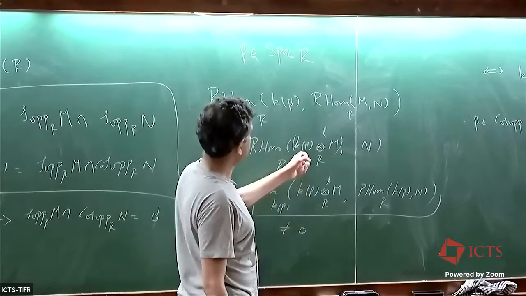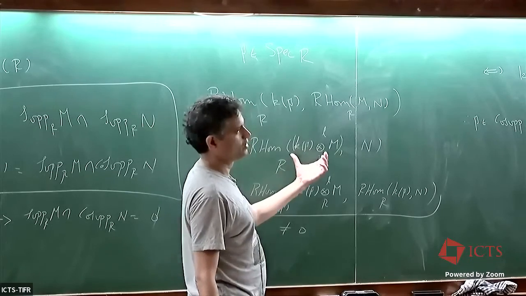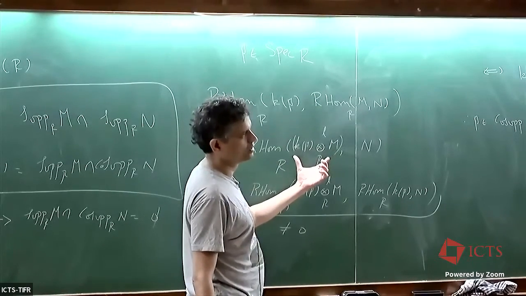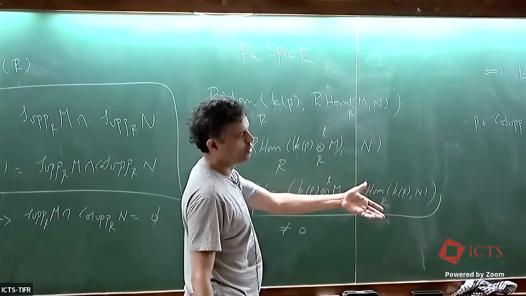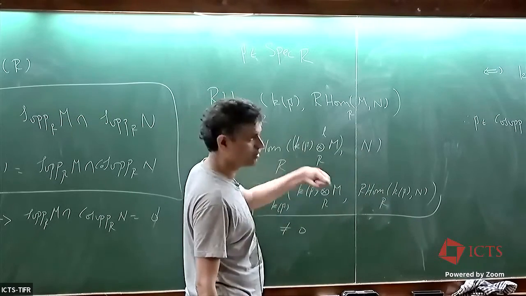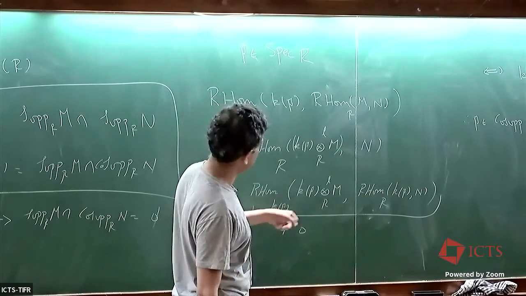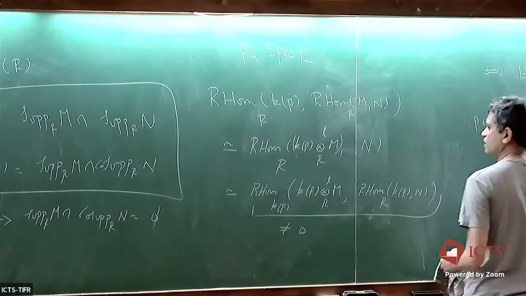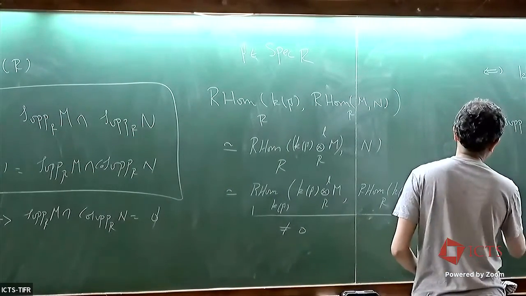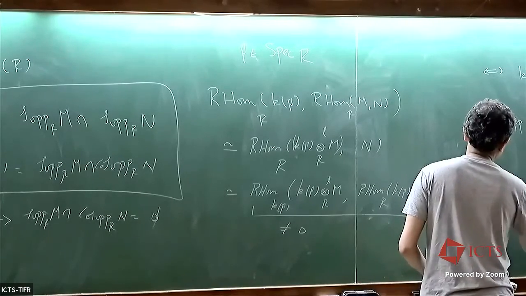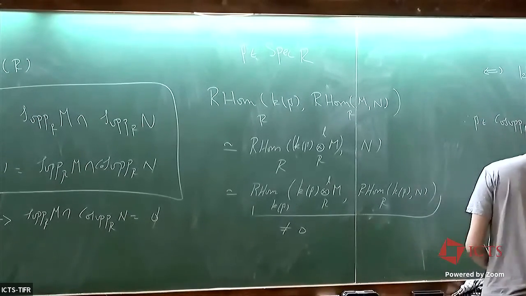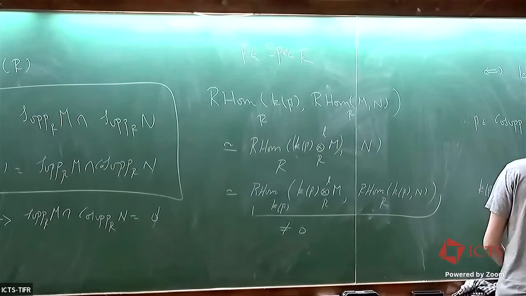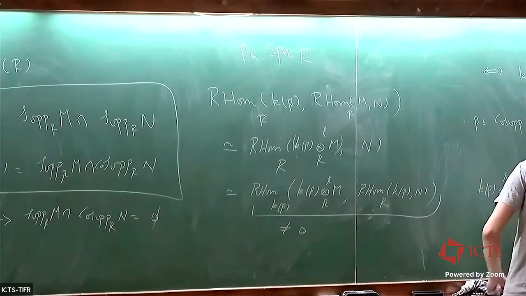And that means I can take it through the residue field. So this is equivalent to some complex over the residue field, and R acts on it through the residue field, which then gives you this adjunction. Or another way to say it maybe is that it is equivalent to its homology. It's formal.